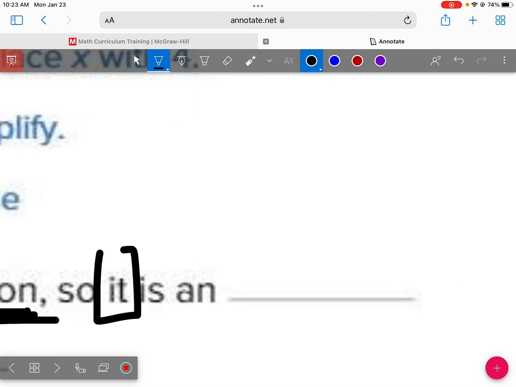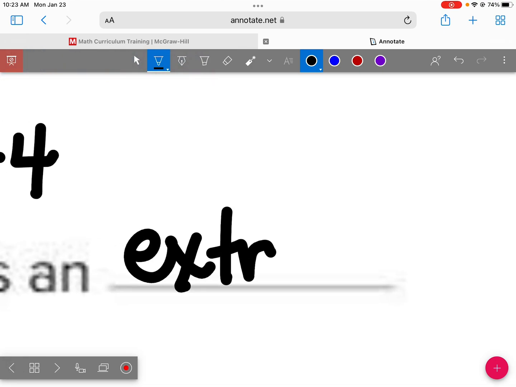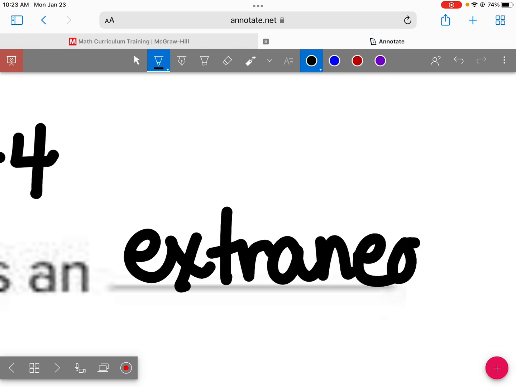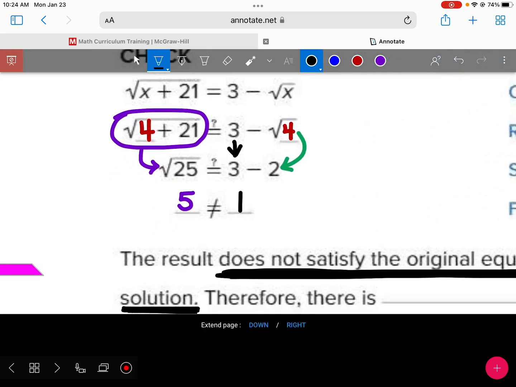So x equals 4 is an extraneous solution. What we found when we solved did not satisfy. When I went in and checked it, it did not check out.